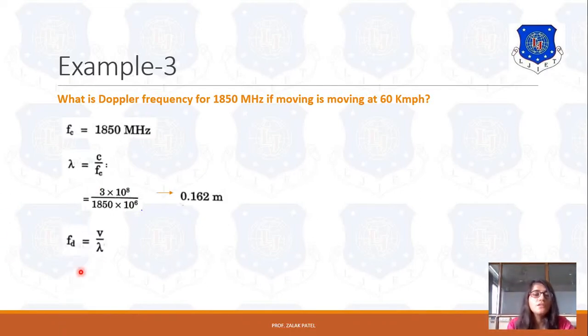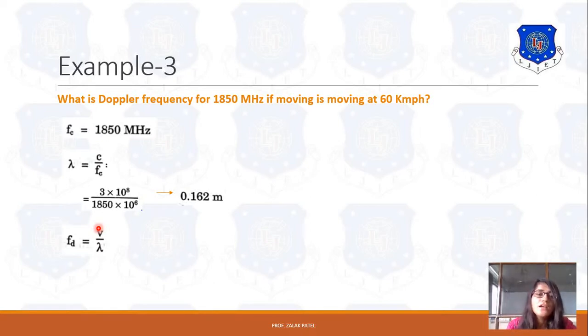Now, the original equation of the Doppler shift effect is fd equals v upon lambda cos theta. We already discussed that if the value of the angle is not mentioned in the question, then you should always take it as 0 degree, because cos 0 gives the maximum value.